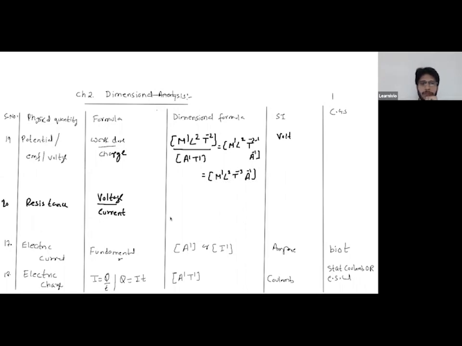Calculate the dimensions of resistance from this expression. It's V by I. Calculate the dimension of resistance and report your answer in chat room.